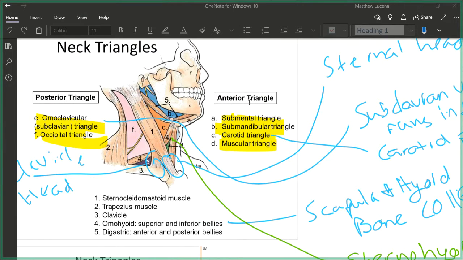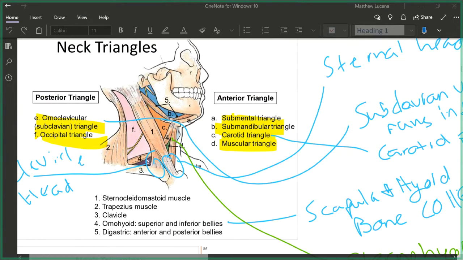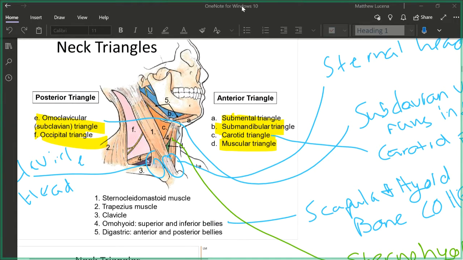Then your anterior triangle has your submental triangle, submandibular triangle, parotid triangle, and your muscular triangle. I wrote a better list so you didn't have to. I'm going to take that picture away so I can read off the list.